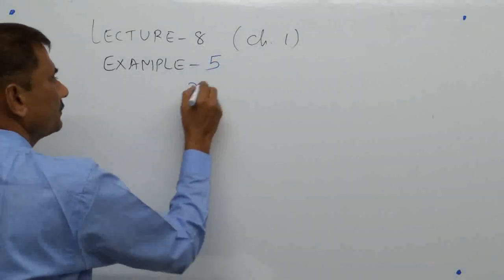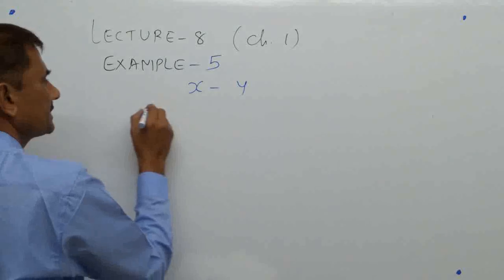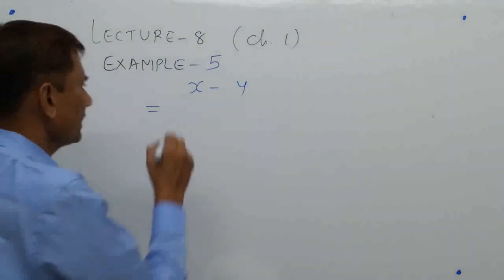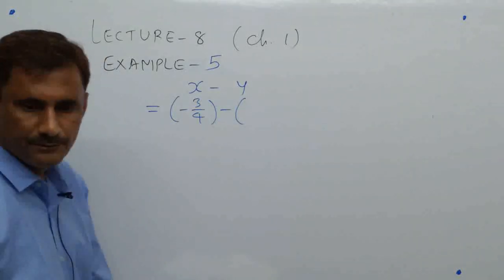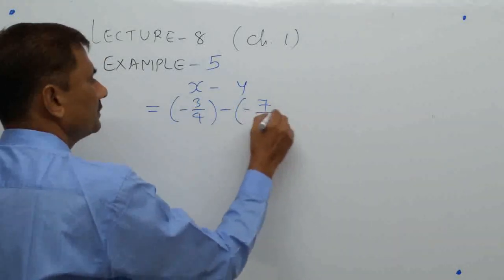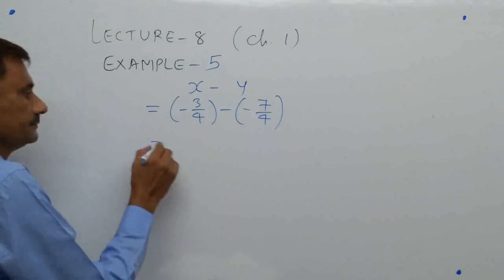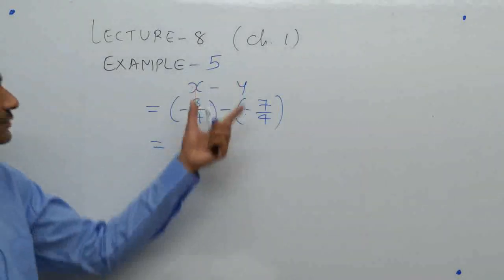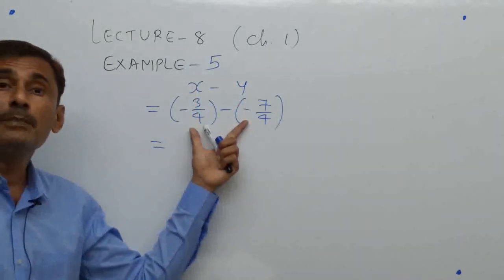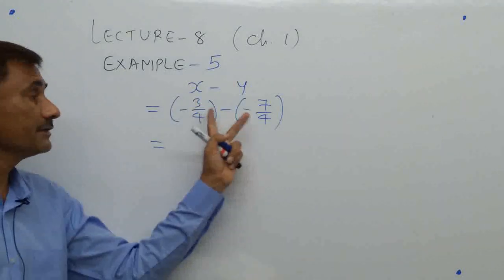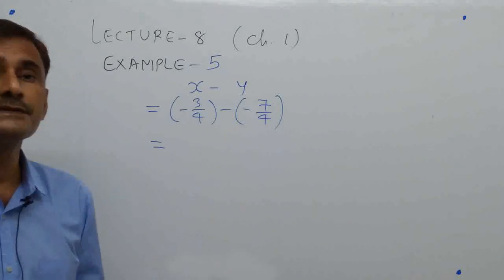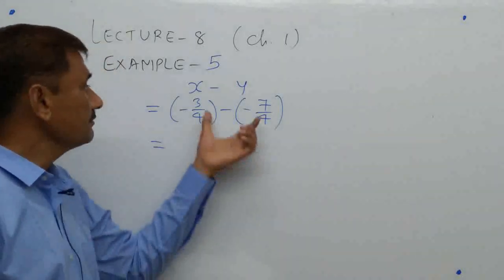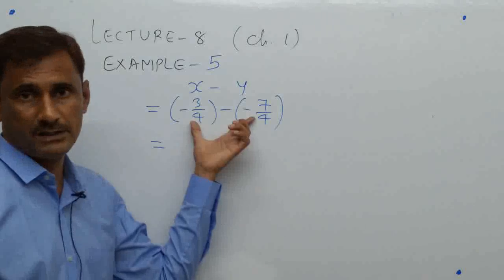X is given as minus 3 by 4 and y is minus 7 by 4. Values should be placed in brackets, and particularly whenever a value is negative, be careful. Whenever the value of any variable is negative, it must be inside a bracket.